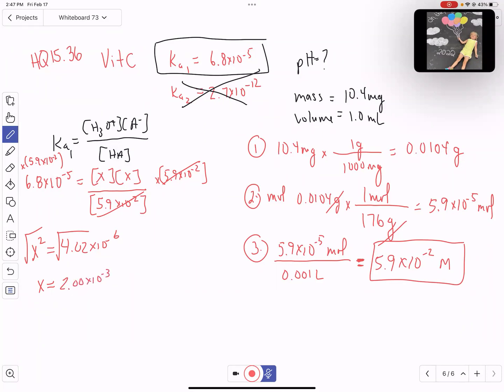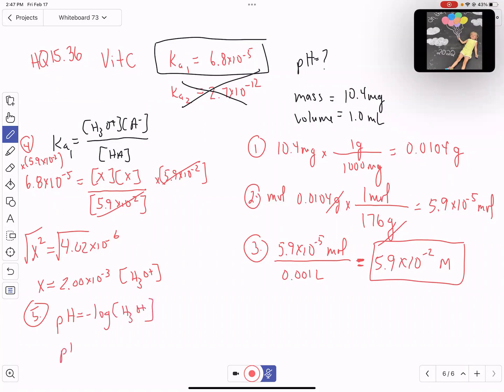What was x? Long ago, we plugged x in. x is my hydronium concentration. So that was step 4. Step 5, pH equals the negative log of my hydronium concentration.